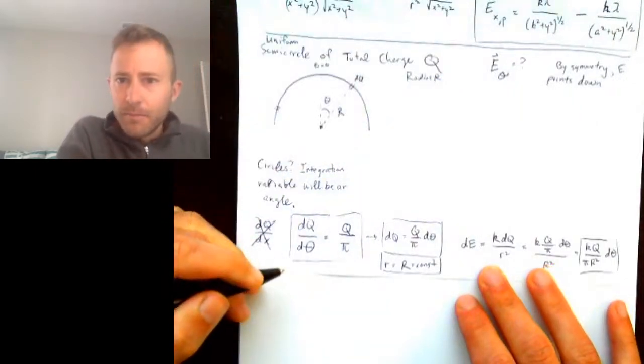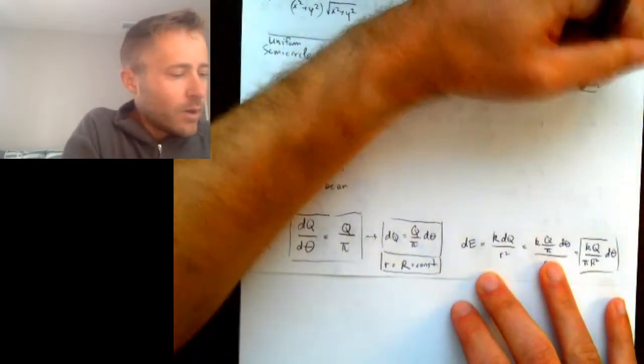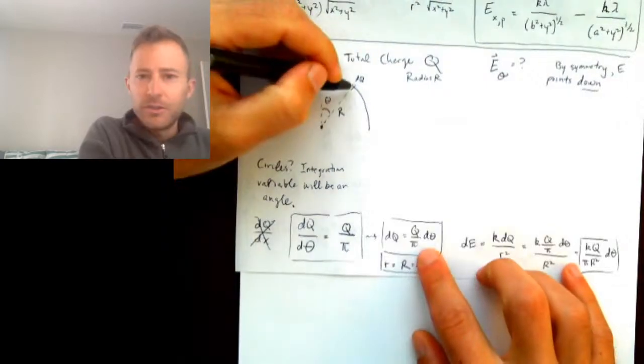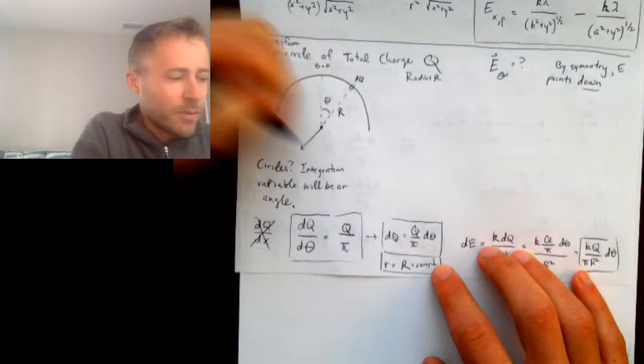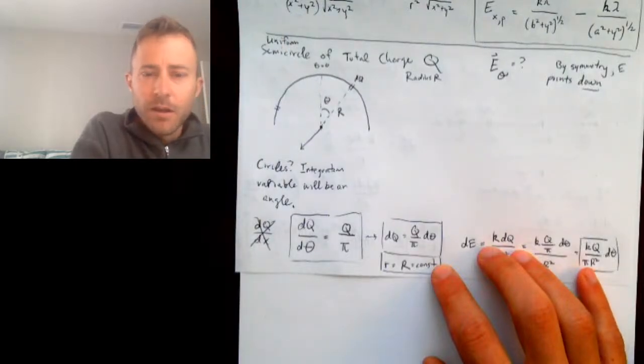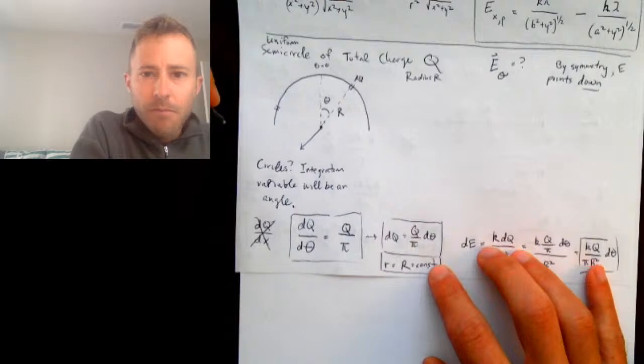Why is that? Well, if we think about this little piece of charge, it's going to create an electric field that points down that way.